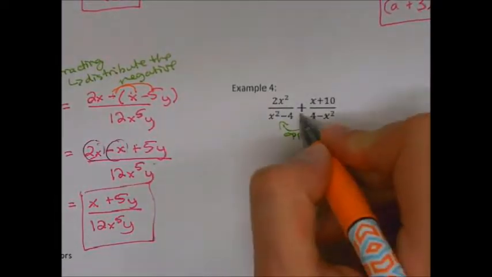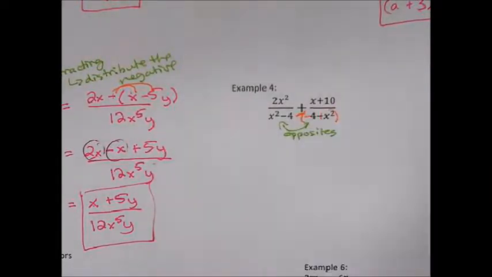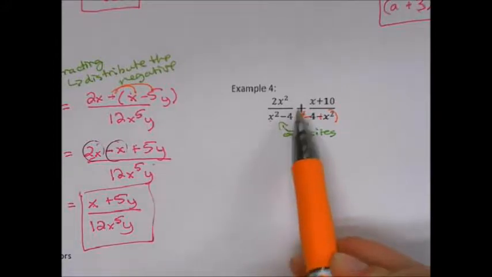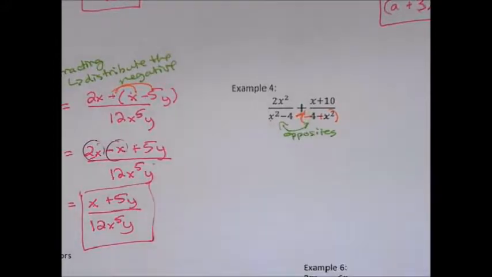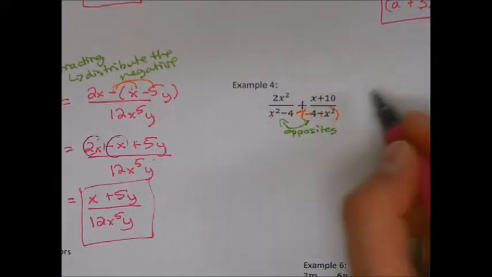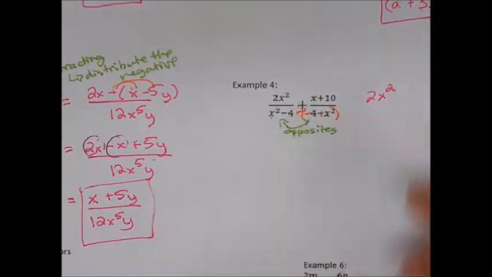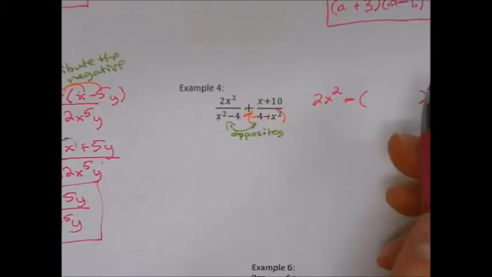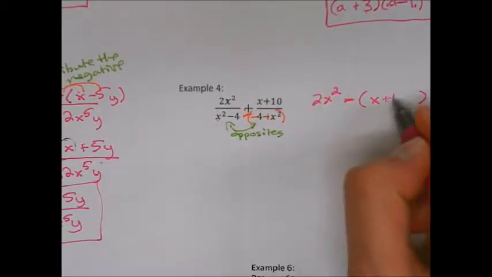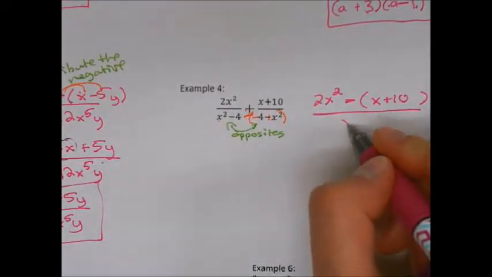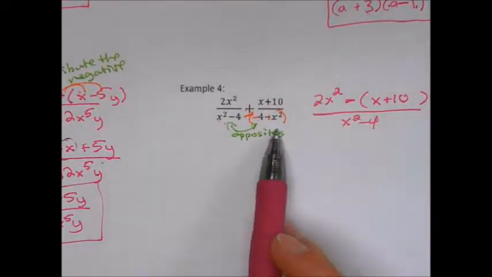So we're going to take that. Now I have -4. So now instead of a plus, we have a minus. So our problem is 2x squared, and we're no longer plus. Now we're minus. Remember, when I'm subtracting, this goes in parentheses. And then my common denominator was x squared minus 4.